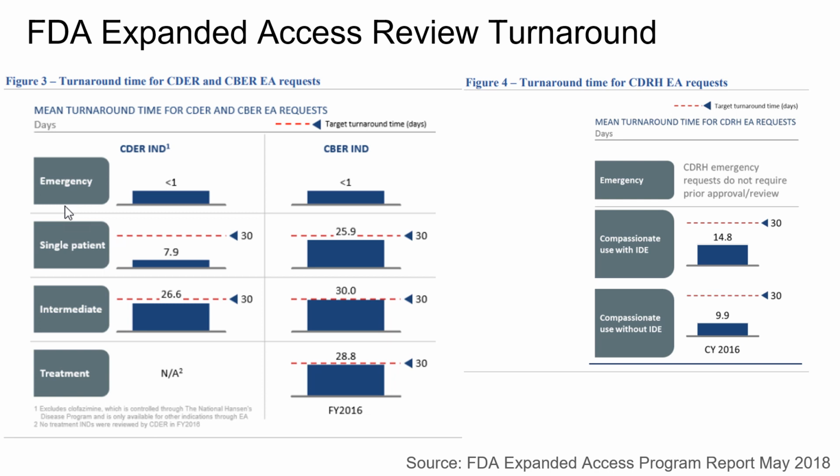Emergency requests for single patients are regularly reviewed by CDER and CBER in less than 1 day. In CDRH, for devices, medical emergency device use does not require prior notification or authorization from FDA, so it's not reported here. In contrast, non-emergency requests for single patients take much longer, between 8 days and 26 days.